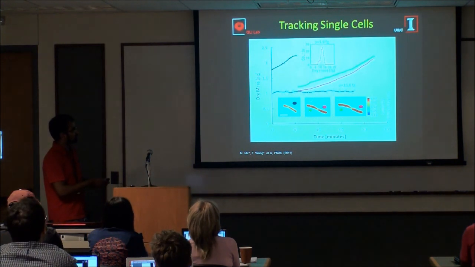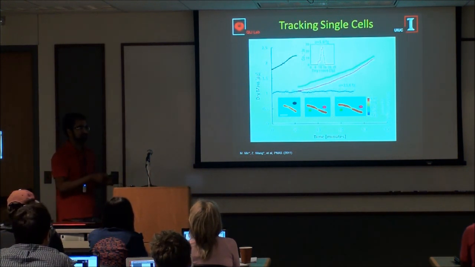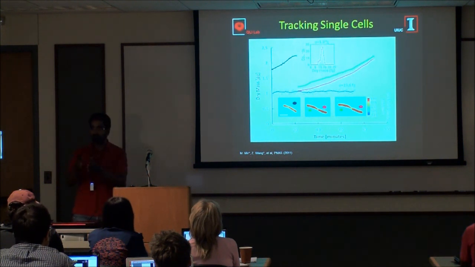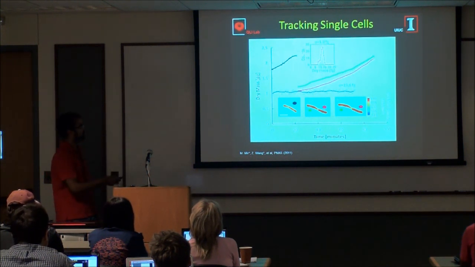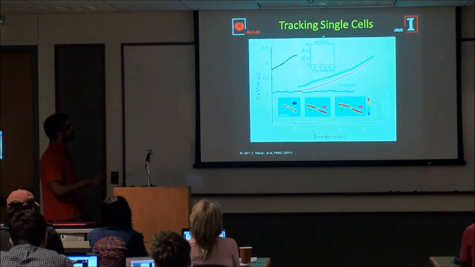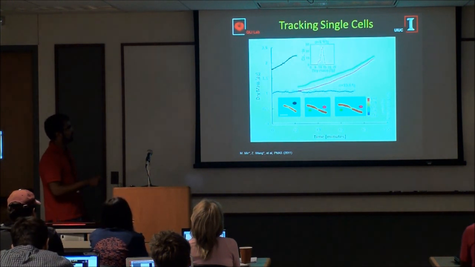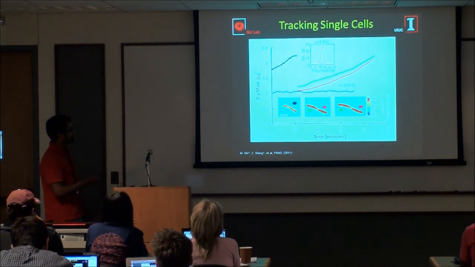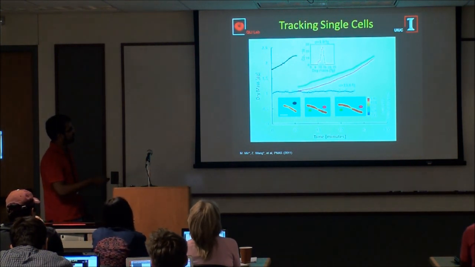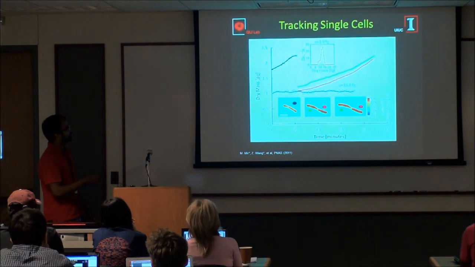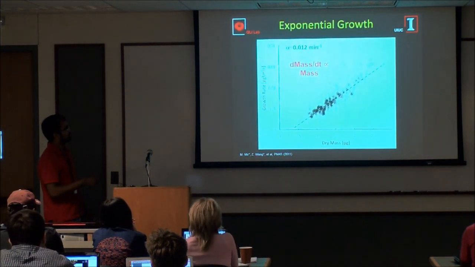The red and green lines correspond to its two daughter cells. So it's meant to show that we can follow a cell, and as it divides, we can follow its daughters. And in this system, we had a sensitivity of 1.9 femtograms. And we can measure several families like this, and then look at the overall behavior of those cultures.